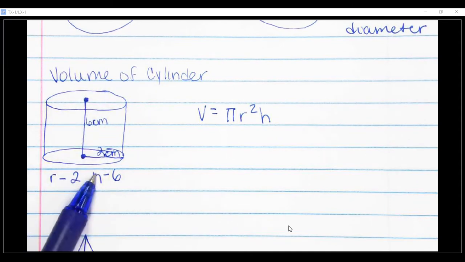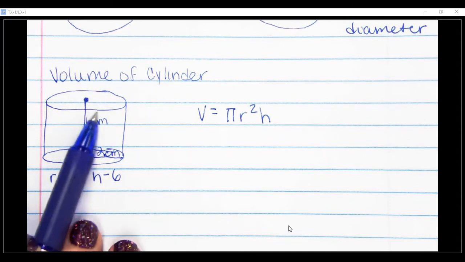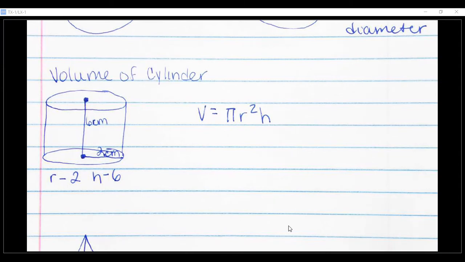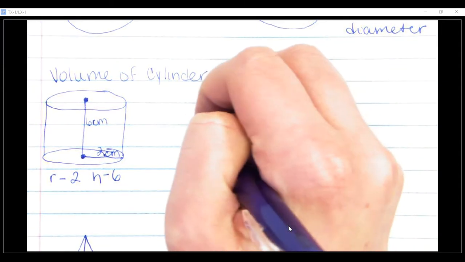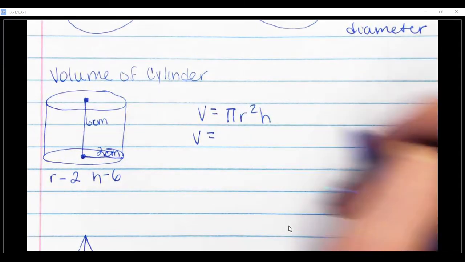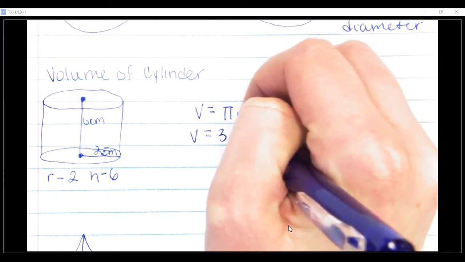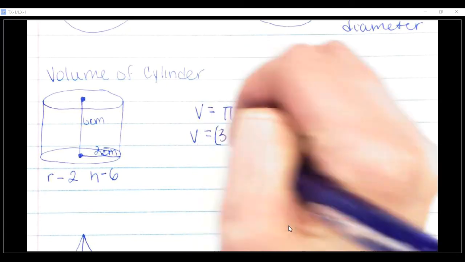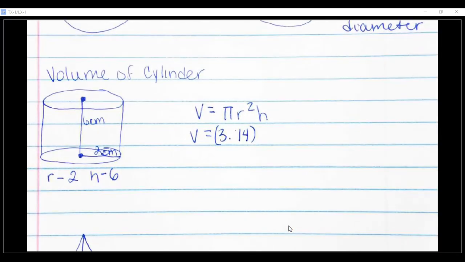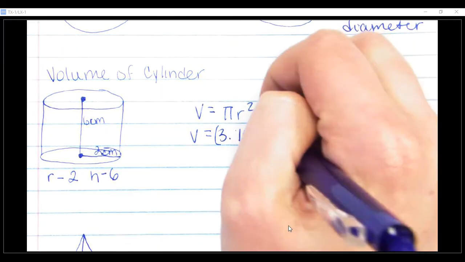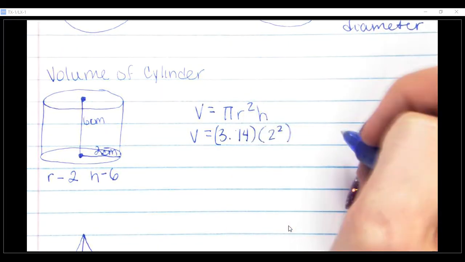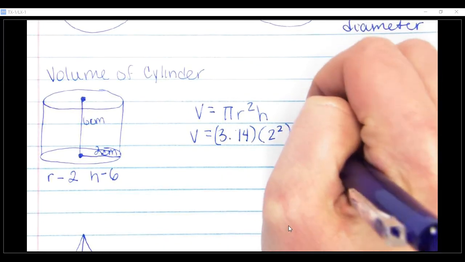So it's like little layers stacked on top of each other. I know that I'm trying to find my V, so I just replace it with V. Pi, again, is 3.14. I am abbreviating it, as in most cases they do. Sometimes the decimals go a little bit further, but it shouldn't be too far off. The radius in this case is 2 that I need to square, and my height is 6.